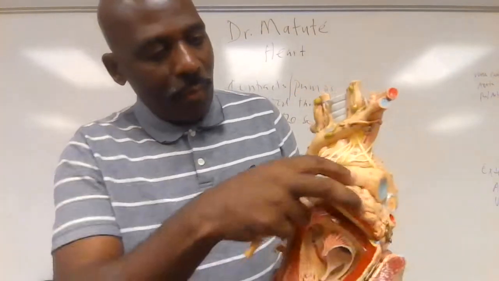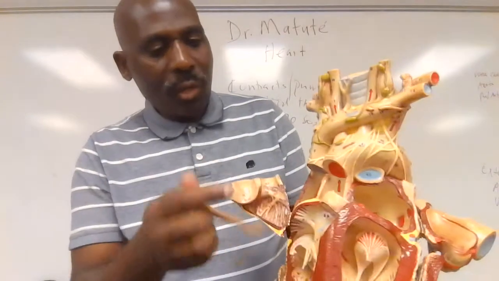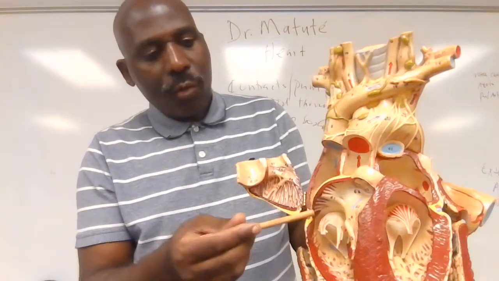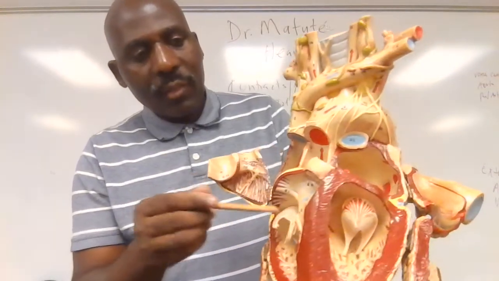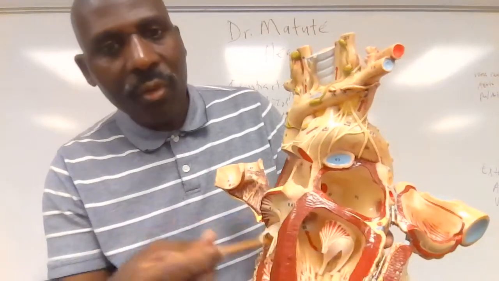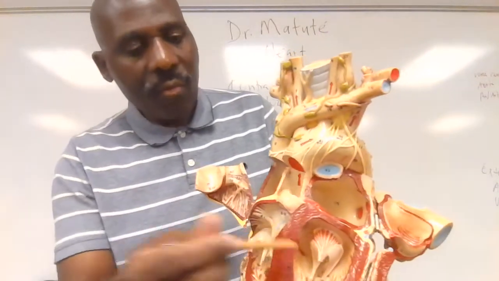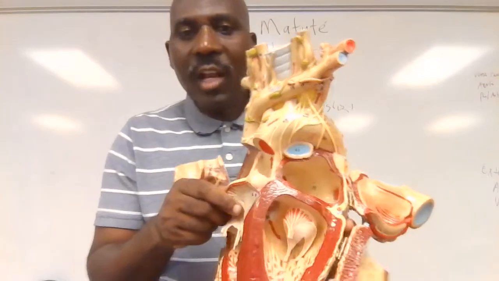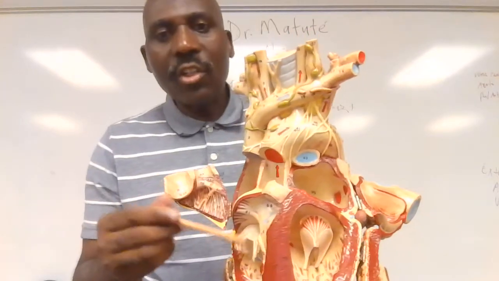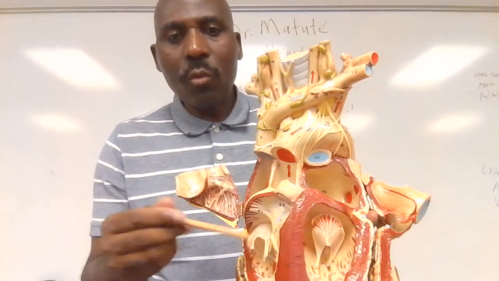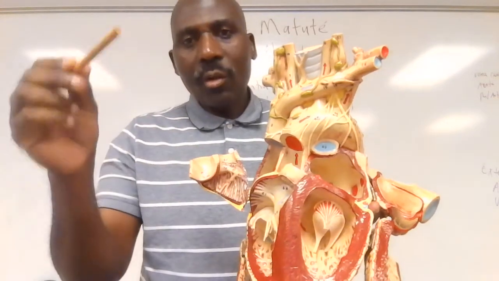These ones here, which we see, are between the atrium and the ventricle. These are called the AV valves. AV stands for atrioventricular. The general functions of valves are that they control blood flow and they prevent backflow of blood.